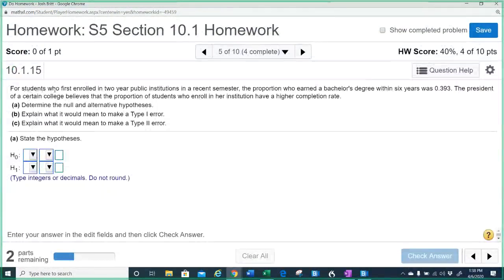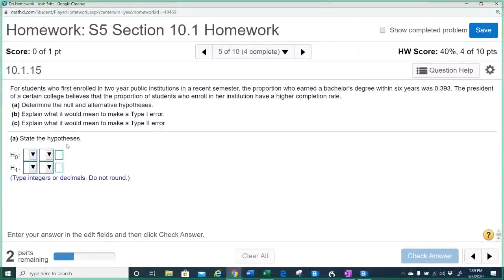So for students who first enrolled in two-year public institutions in a recent semester, the proportion who earned a bachelor's degree within 6 years is 393. So that's a statement of no change, no difference, no effect. So then the researcher comes along, the president of a certain college believes the proportion of students who enroll in her institution have a higher completion rate.